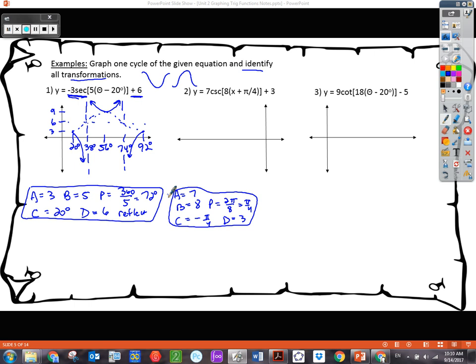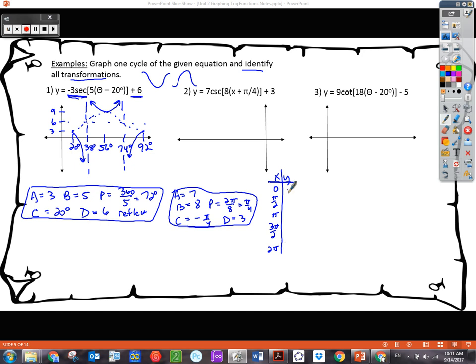All right, so now I'm going to transform points. So let's write down the parent points for cosecant. My x values are the same as sine. So I have 0, pi over 2, pi, 3 pi over 2, and 2 pi. Same x values. Let's think about, since sine is the reciprocal of cosecant, let's think about sine. Sine is 0 at 0, so that means cosecant is going to be undefined there, right?